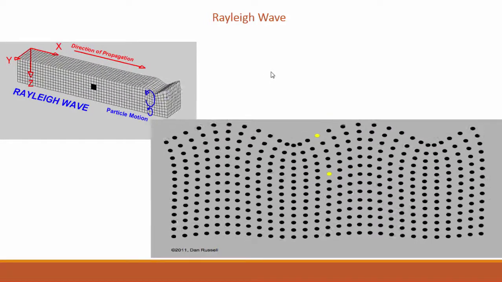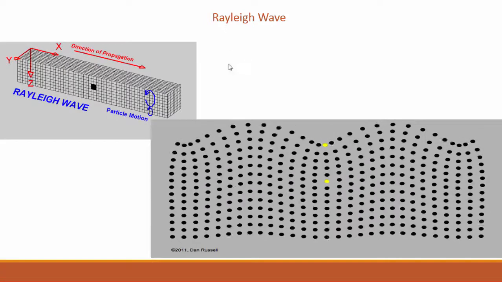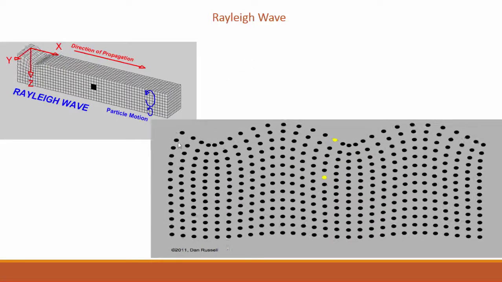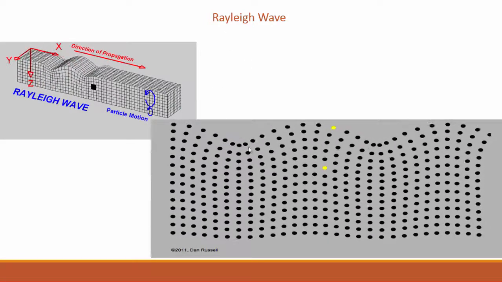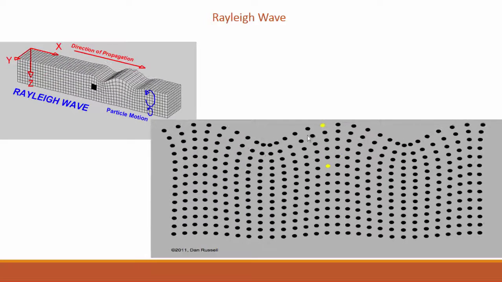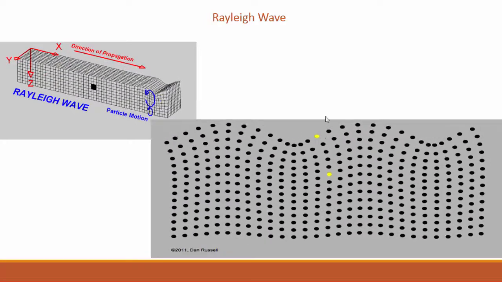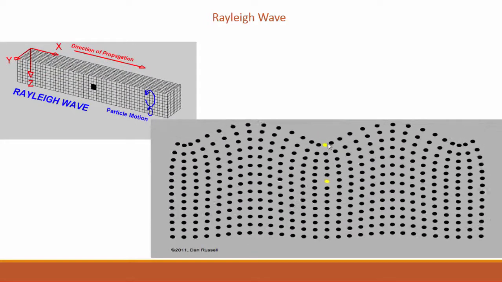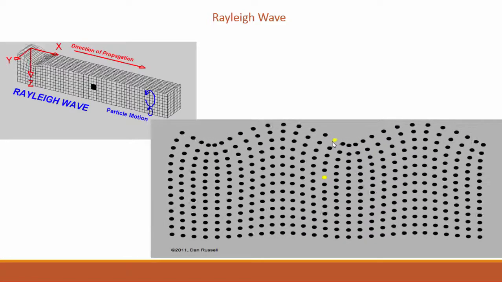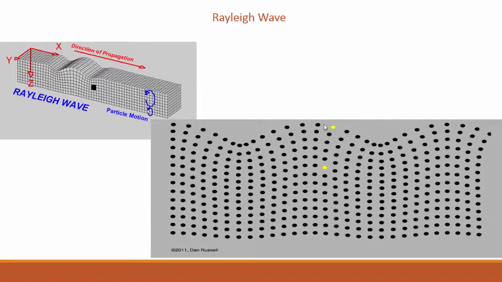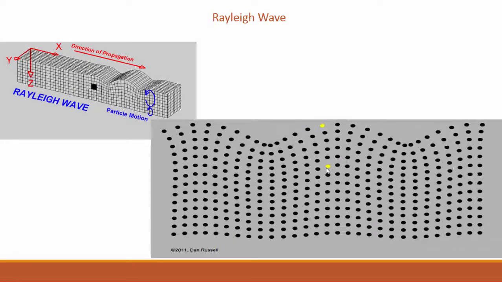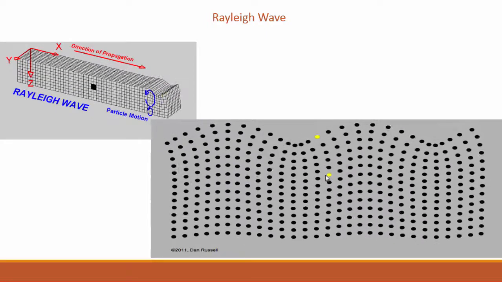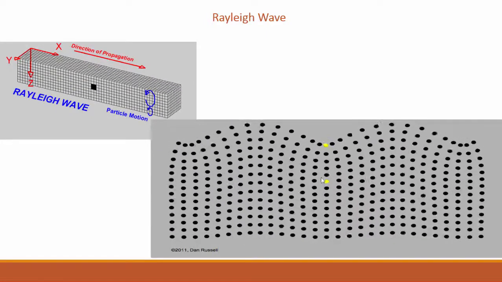There's another type called Love waves, and these ones called Rayleigh waves. And what they are is similar to a water wave where you have both motion vertically and horizontally. In this case, it's a bit more elliptical, and you'll notice this guy here is going counterclockwise, but down here, if you watch closely, this guy is gradually going clockwise.